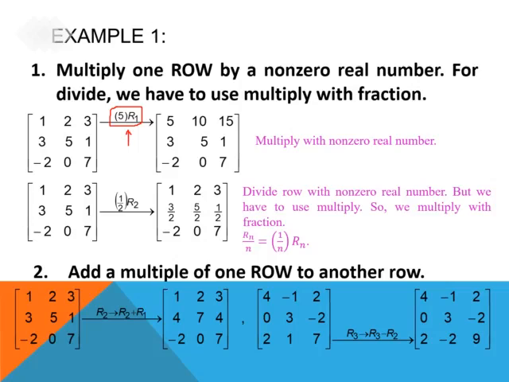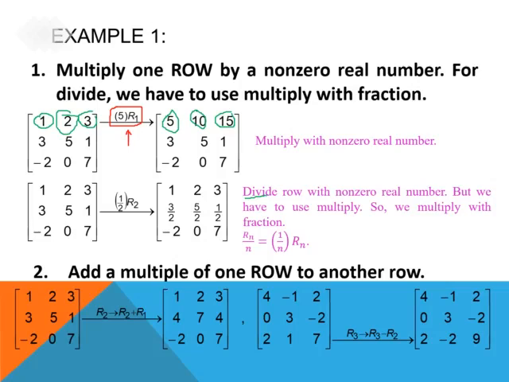So for this one, 1 times 5 will become 5, 2 times 5 will become 10, and 3 times 5 will become 15. Okay, the rest will be the same.